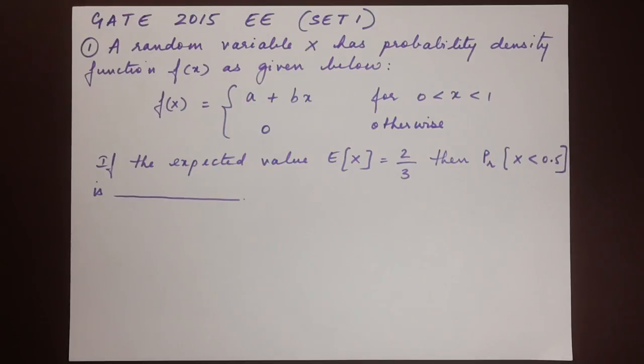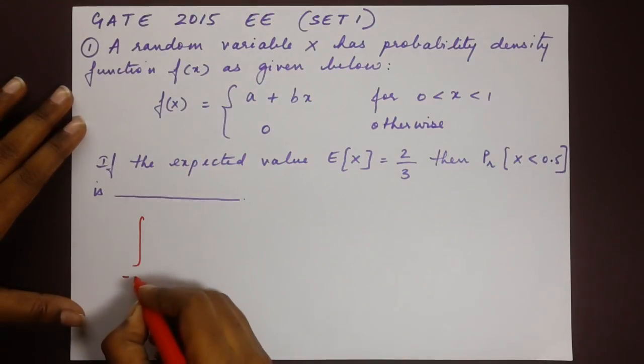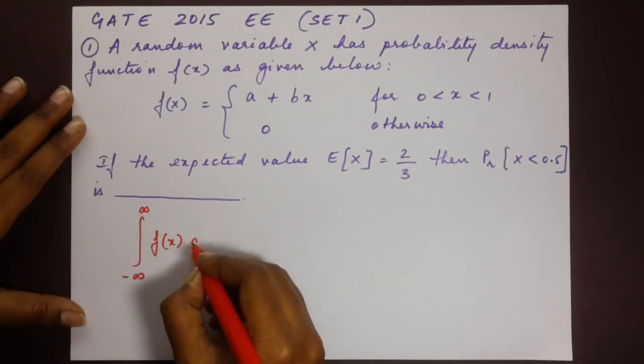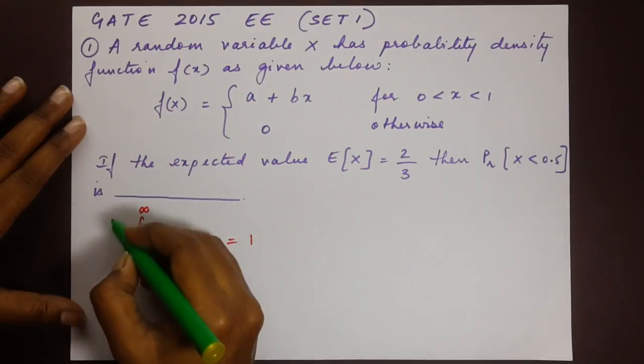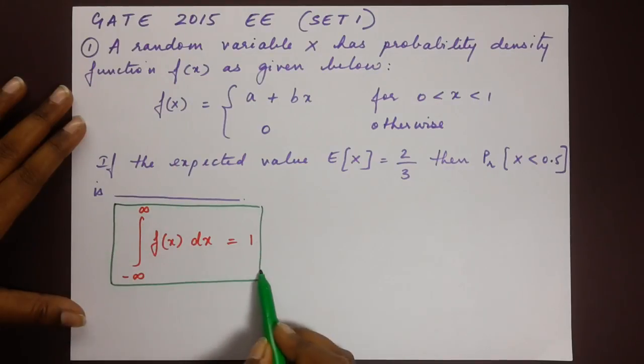When we are working on the probability density function, we have a standard formula. The formula reads integral minus infinity to infinity f of x dx equals 1. So this is the basis of the first part of our solution.